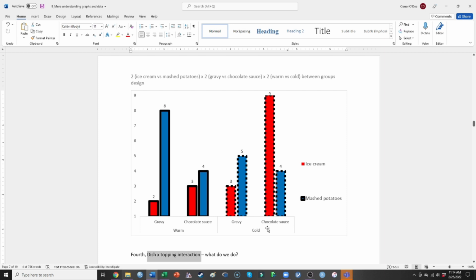And again, I don't care about warm versus cold. Next, I'm going to average this 3 with this 9, and that'll give me the mean for ice cream and chocolate sauce. And then I'm going to average this 4 with this 4, and that'll give me the mean for mashed potatoes and chocolate sauce. And again, I don't care about temperature.